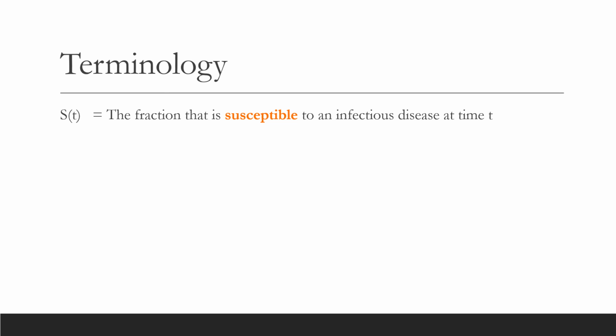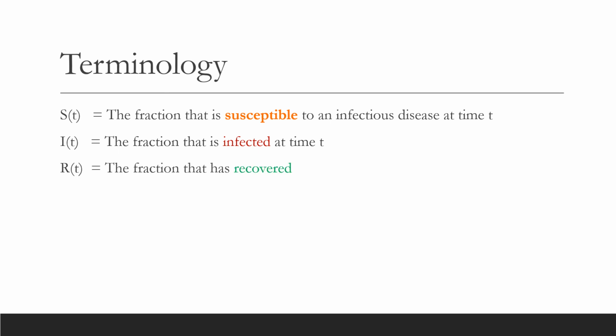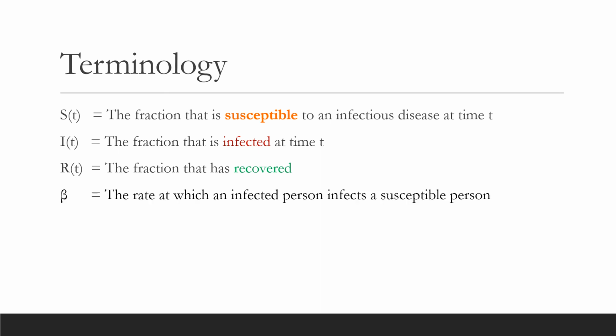Now let us understand the terminology used in the SIR model. Here S(t) is the fraction that is susceptible to an infectious disease at time t. I(t) is the fraction that is infected at time t. R(t) is the fraction that has recovered.